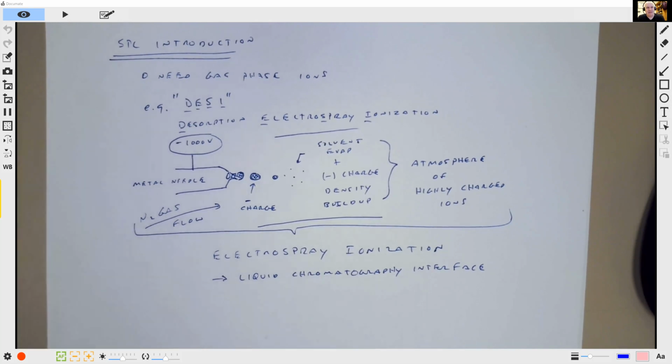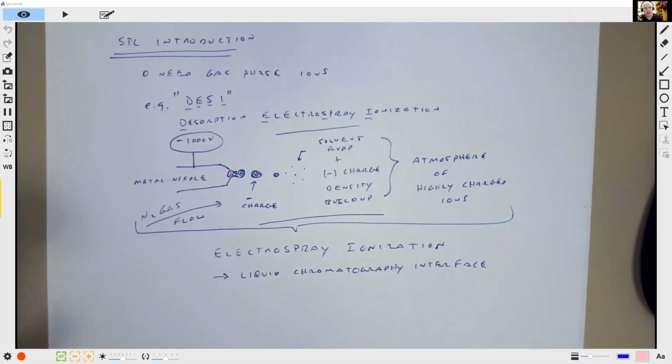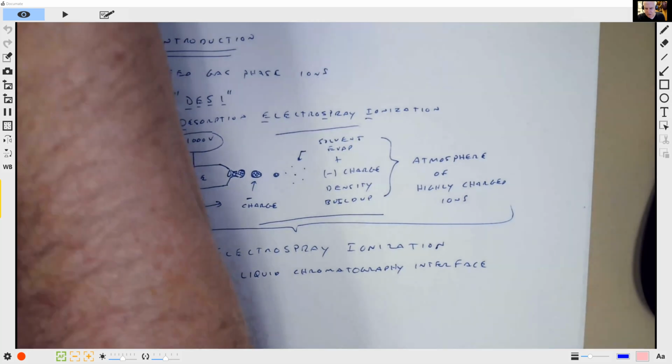But so electrospray ionization, it's a way of making an atmosphere of highly charged ions, and basically you charge a needle, and then you pump flow out of it just a little bit, and you hold the needle generally at a very negative potential. And the negative potential, oh, here he is.